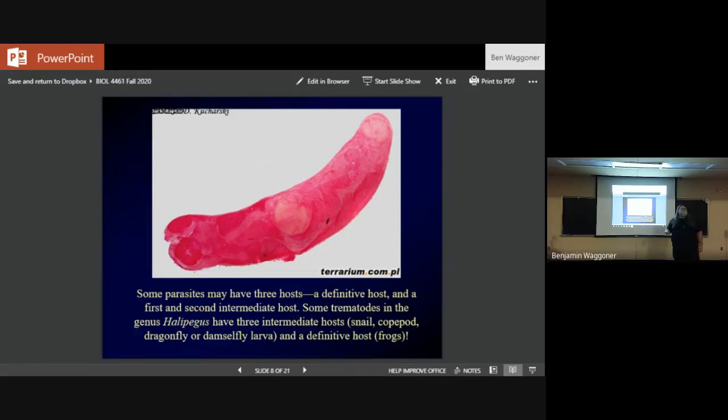The copepods then get eaten by dragonfly or damselfly larvae, and the dragonfly or damselfly larvae get eaten by frogs. So this is a case where we've actually got three intermediate hosts, plus the definitive host where these worms have sex, and that's the frogs. So life cycles can have more than one intermediate host.